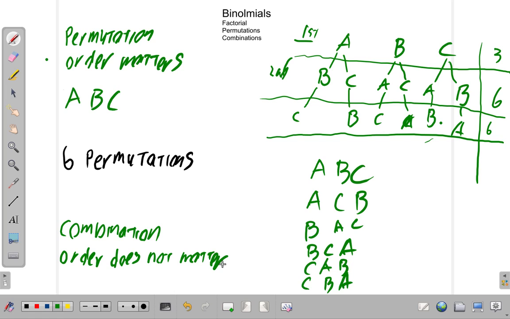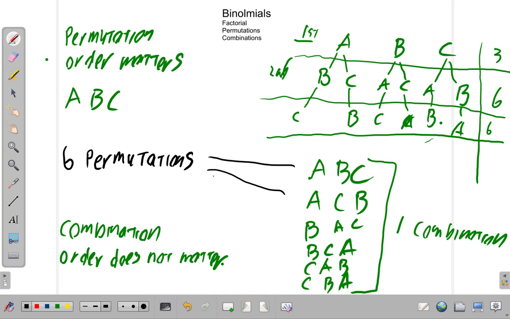In that case, you have a combination. It's an arrangement where the order doesn't matter. What matters here is that only A, B, and C you want. You don't want D, E, F, or any other letter. So what you have is one combination. One combination. And while you have 1, 2, 3, 4, 5, 6 permutations.